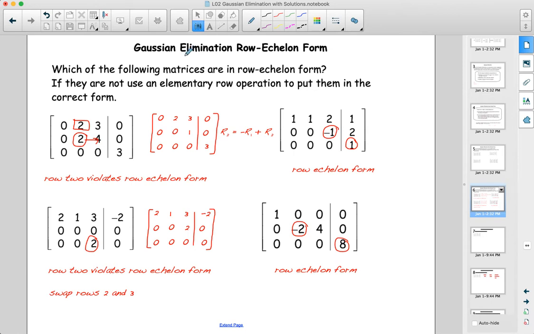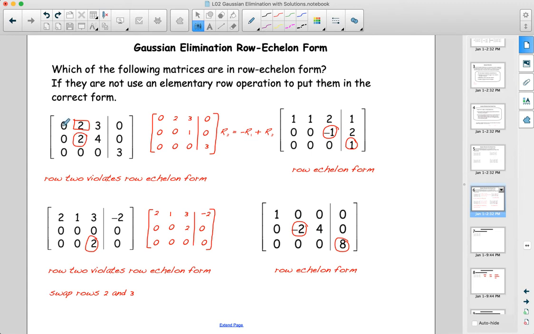I'm just going to undo that arrow I drew. So what are we going to do? I'm going to have to zero this out. How will I zero it out? I'm going to zero it out by multiplying row 1 by -1 and adding it to row 2.